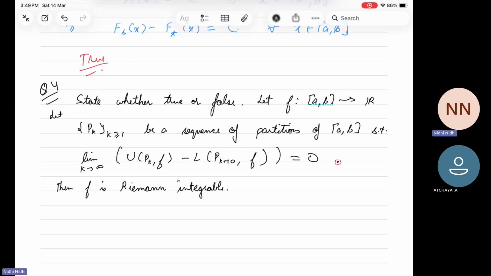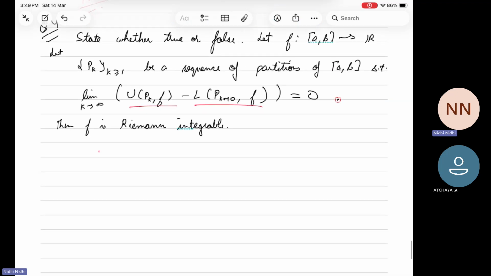Firstly, one should know what we mean by these U(P, f) and L(P, f). So for a partition P, which contains the elements of the interval a to b, such that the first term x_0 is a, then we have x_1, x_2, and so on up till x_n, the last term, which is equal to b.